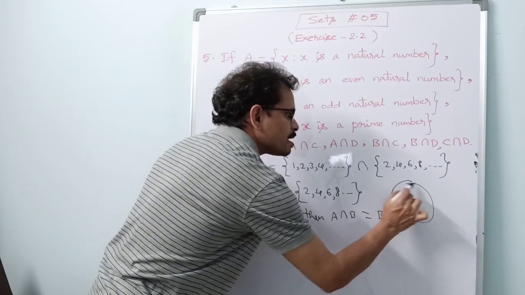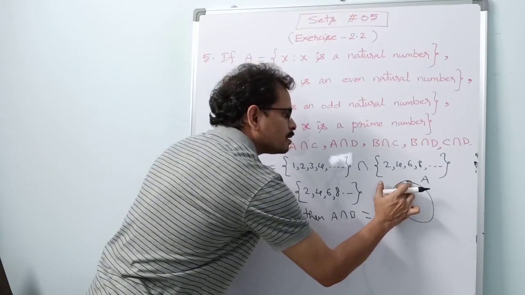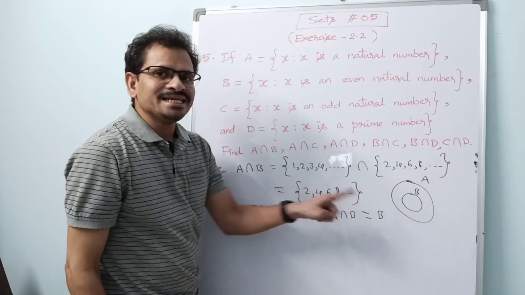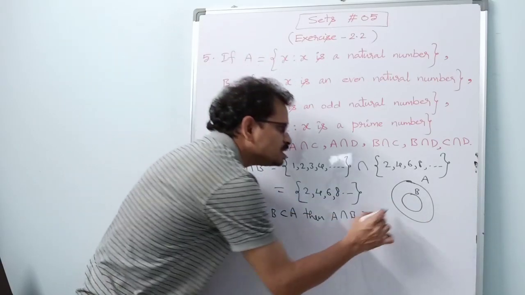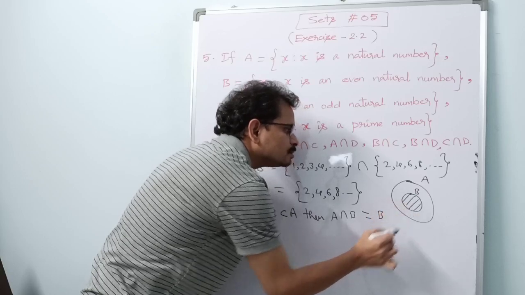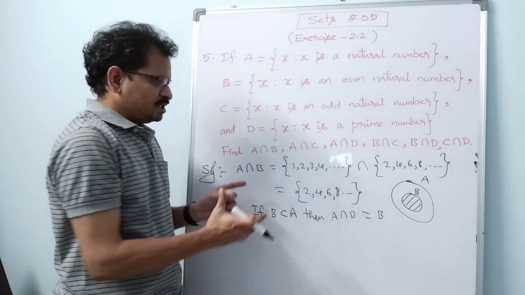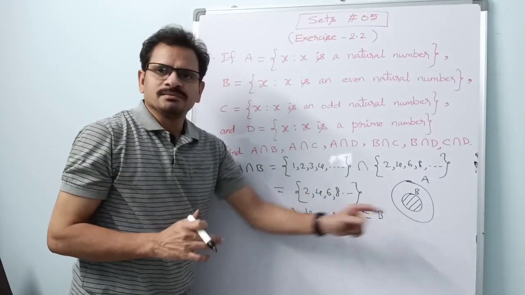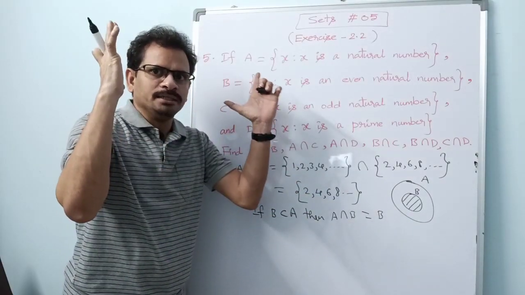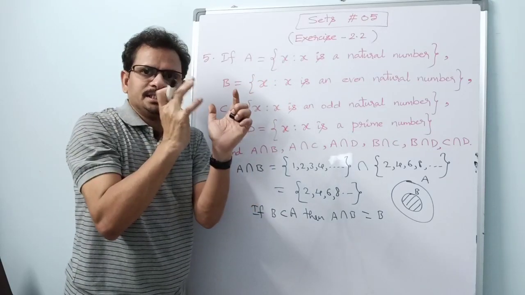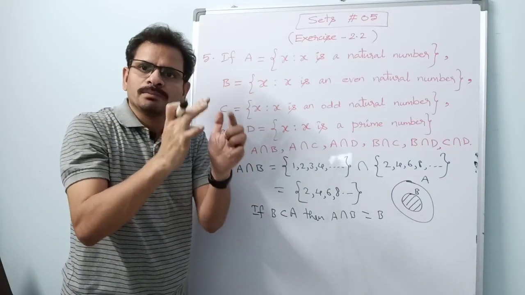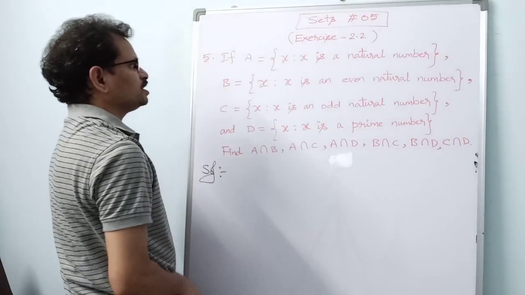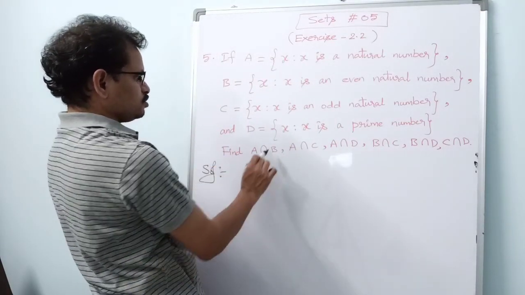Suppose this is A, this is B. Which region is common to both of them? Only this region. So always if such type of questions are asked, you can keep such diagrams in mind. A is a big set, a superset, and B is just a subset. That small part is common to both of them, not the large part, right? So using that knowledge, now tell me.